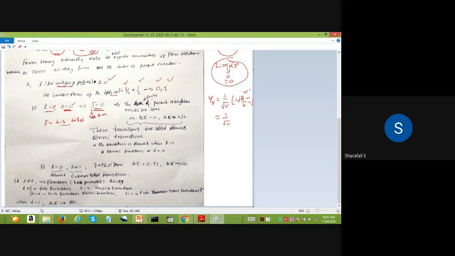So the outgoing particles have L equal to 0 and S equal to 0, and when they go out of the nucleus, the total angular momentum is equal to 0. That gives the parent and daughter nuclei the same angular momentum and parity, because the angular momentum of the outgoing particles is 0, so it will not affect the angular momentum of the daughter nucleus.